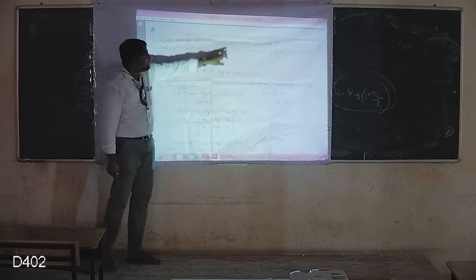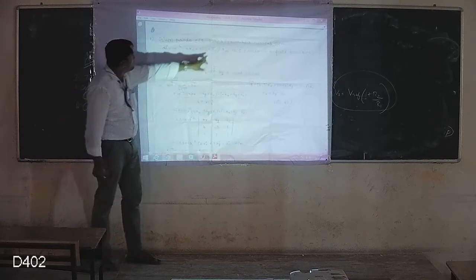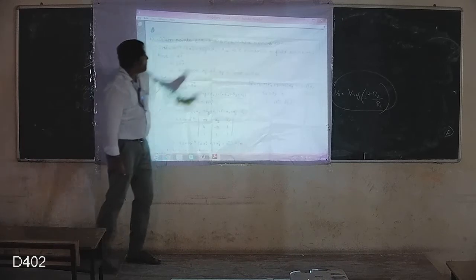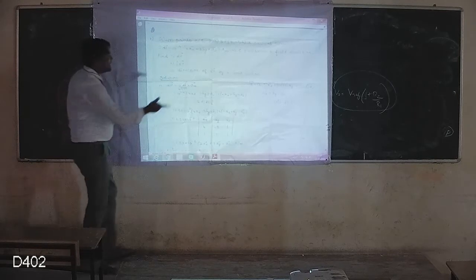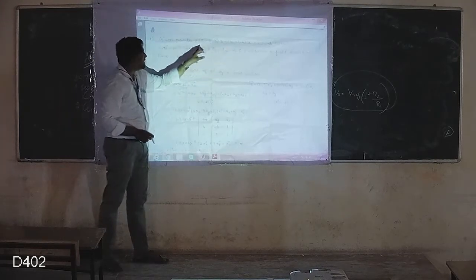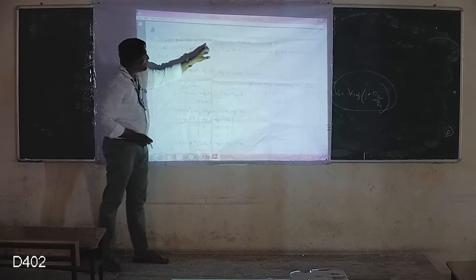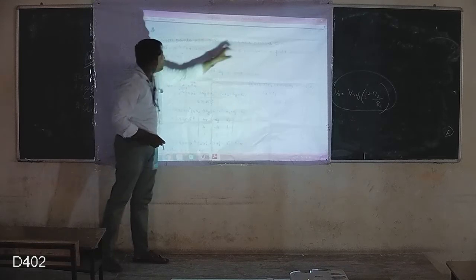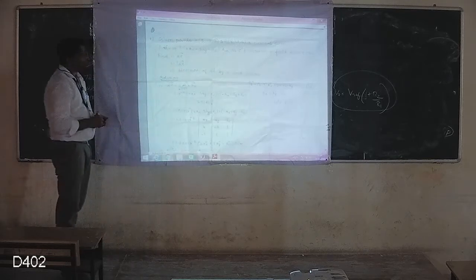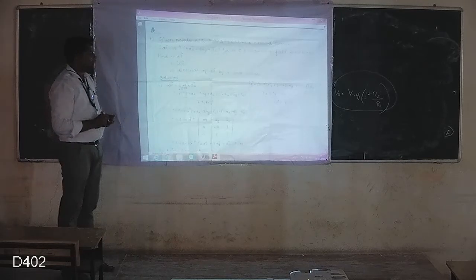The point at which we find the field is P, (4, -1, 2), minus the given point. So R vector is equal to (4 minus 5) aX plus (-1 plus 2) aY plus (2 minus 3) aZ, and the answer is minus aX plus aY minus aZ.